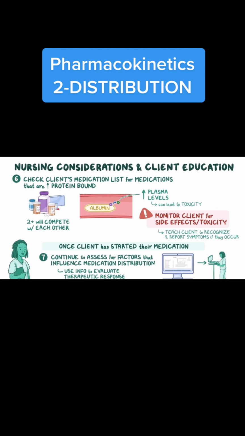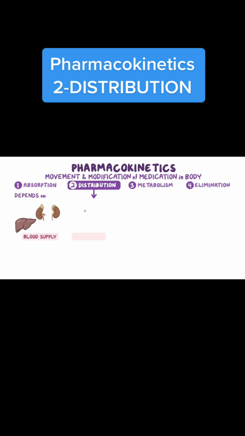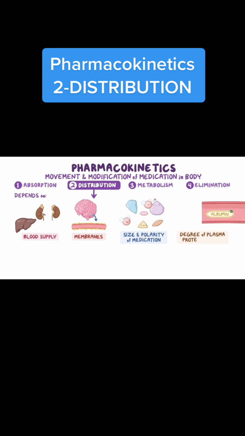medication. Alright, as a quick recap, pharmacokinetics refers to the movement and modification of a medication inside the body, and involves absorption, distribution, metabolization, and elimination. Distribution of a medication depends on several factors, including blood supply to different body tissues, anatomic barriers like the blood-brain barrier, the size and polarity of the medication, and the degree of protein binding.